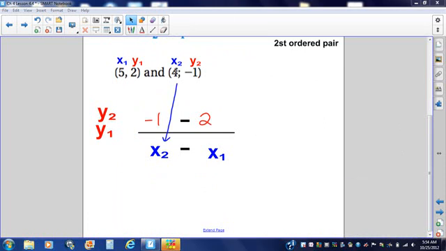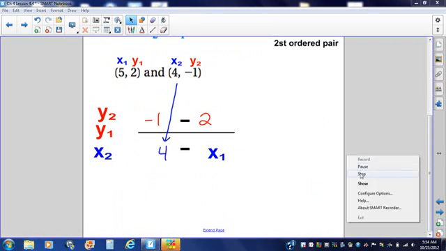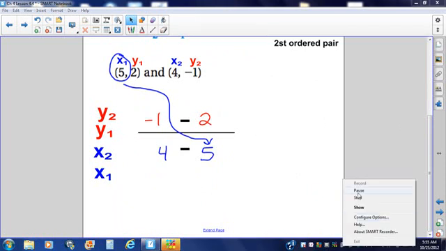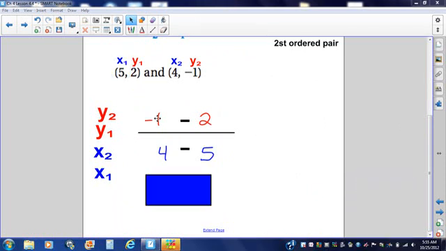The next thing I'll do is substitute 4 for x2. Next step, I'll substitute 5 for x1. Alrighty, so I have -1 plus a -2, or you can say -1 minus 2, and on the bottom, in my denominator, I have 4 minus 5.